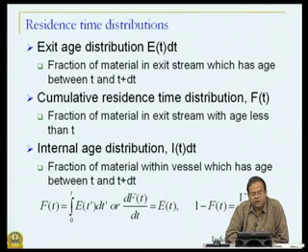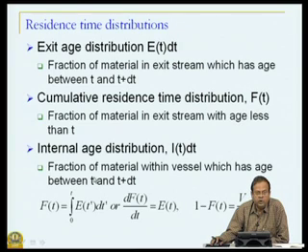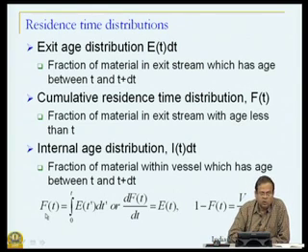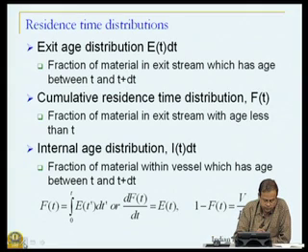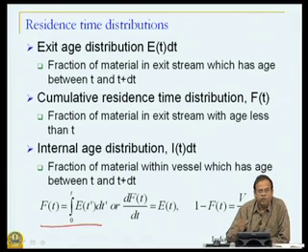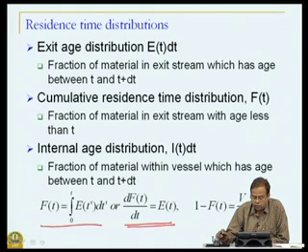So, exit age and internal age, two different quantities, one looking at the exit stream, another one looking inside the reactor, but these two are not independent of each other, because cumulative residence time distribution f of t is nothing but adding up all those fractions from time 0 to t. So, that is our relationship between the f of t and e of t, or alternatively expressed in this particular form.